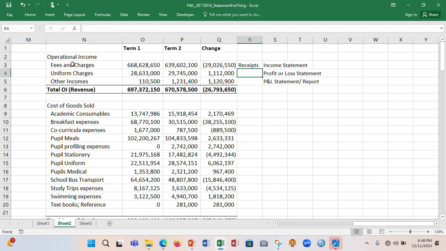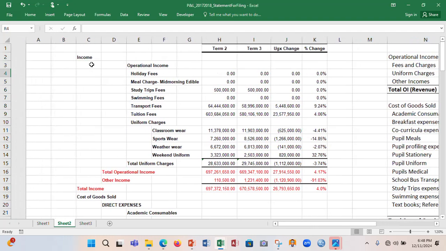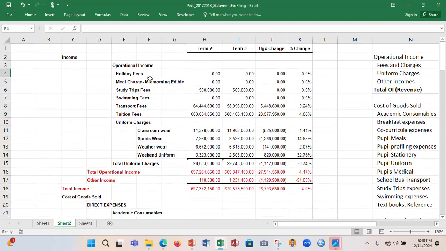Others call this revenue from sales. Just to add a little detail here, you will see that in what I call the fees and charges, holiday packages were charged. Meals for morning were not charged, but study trips were charged.